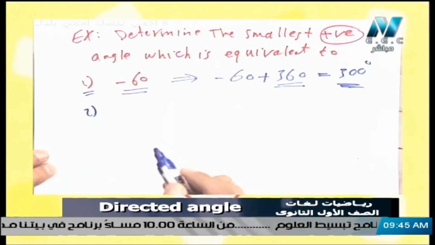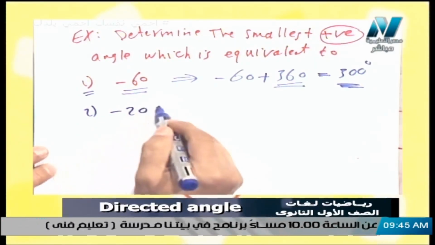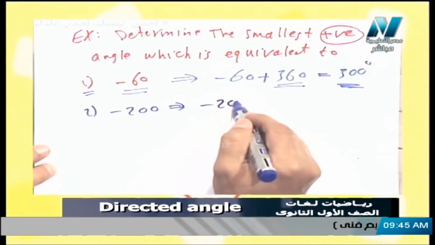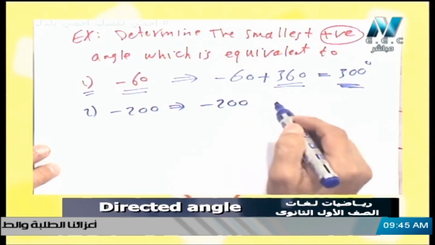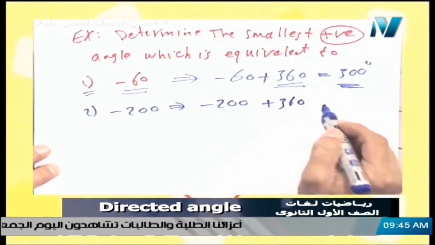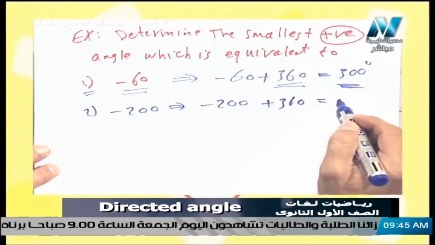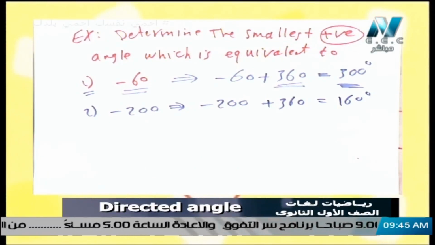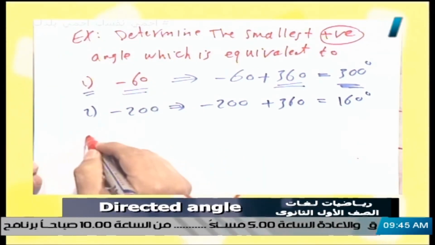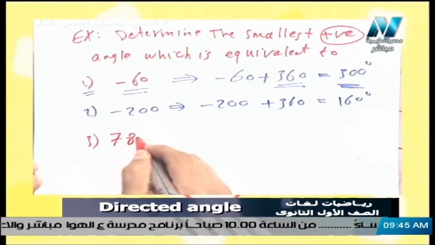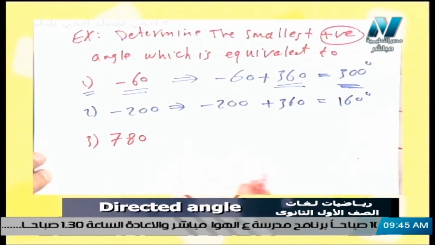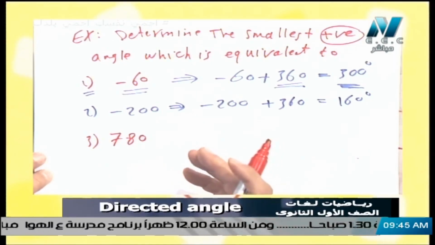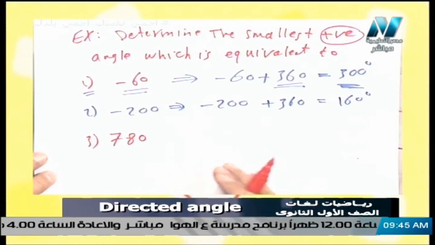Number 2, if we have negative 200, the same thing, we will add negative 200 plus 360, and the answer, of course, equals 160 degrees. Okay. If we have something like 780, 780 here is more than any acute angle or more than 360.